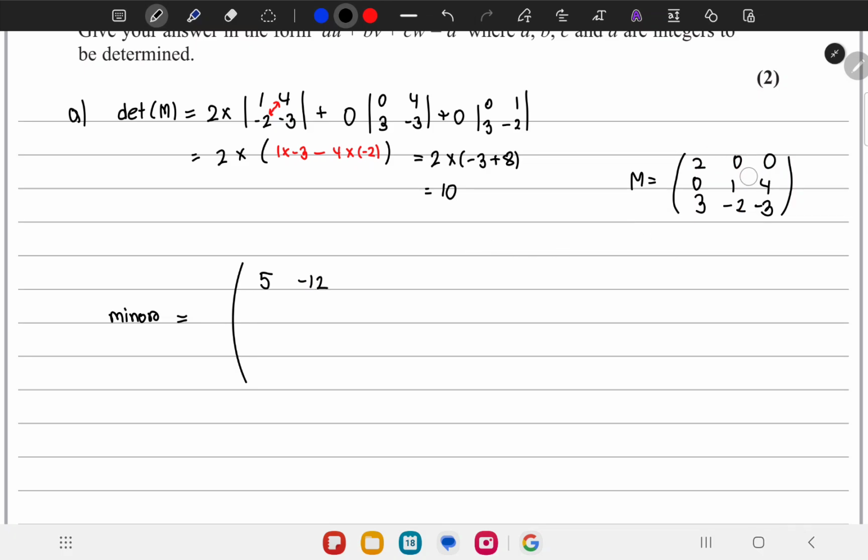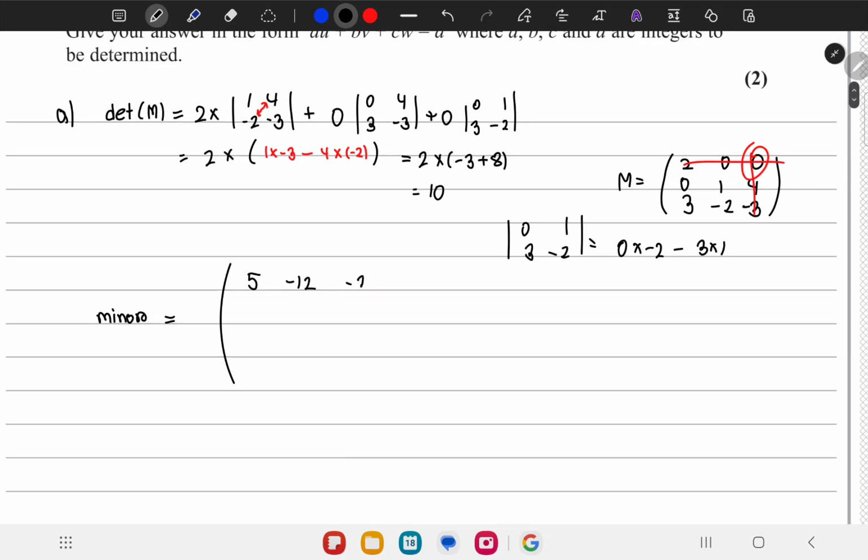Then for the entry 1, 3, row 1, column 3, this one, we do the determinant of 0, 1, 3 minus 2. The determinant is minus 3. 0 times minus 2 minus 3 times 1.